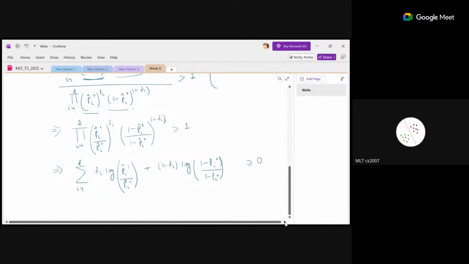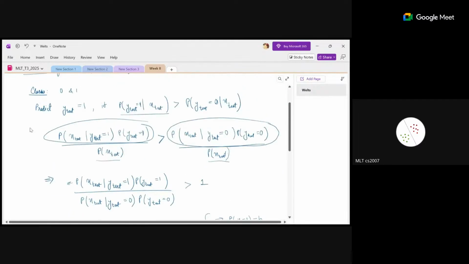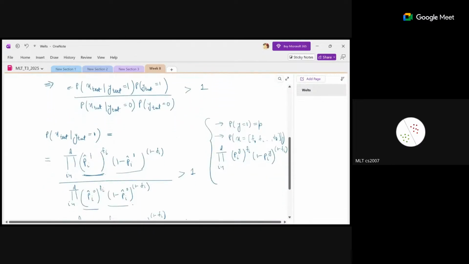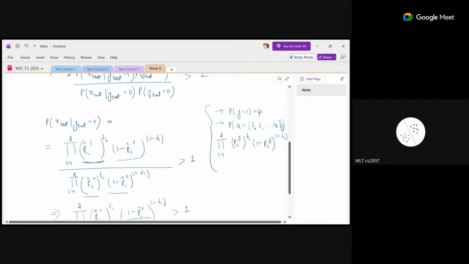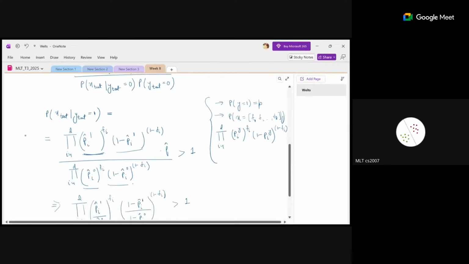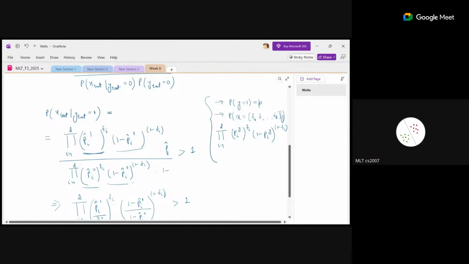Okay, I think we missed something. We didn't mention what my probability of y test is. If y test is equal to 1, that is p hat, and y test equal to 0 is going to be 1 minus p hat.